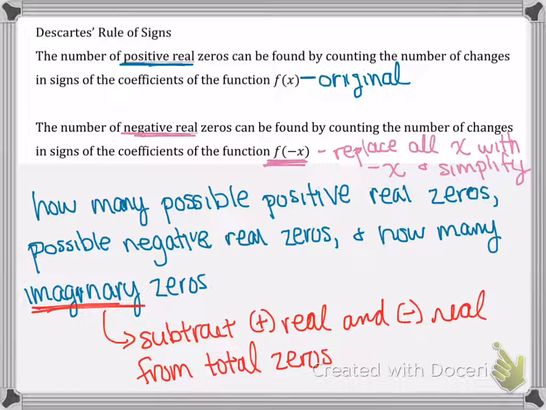And that'll give me how many imaginary zeros I will have. Now, imaginary zeros must come in a pair. What that means is I need to have either 0, 2, 4, 6, etc.